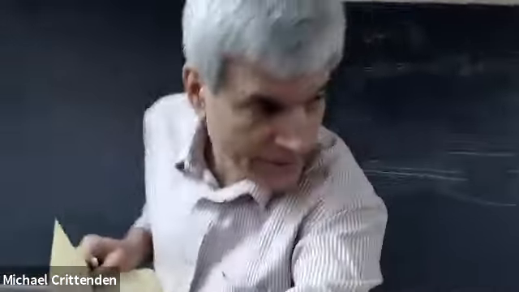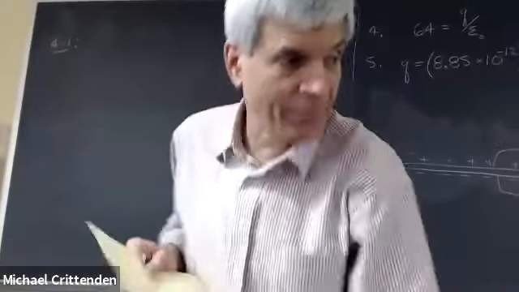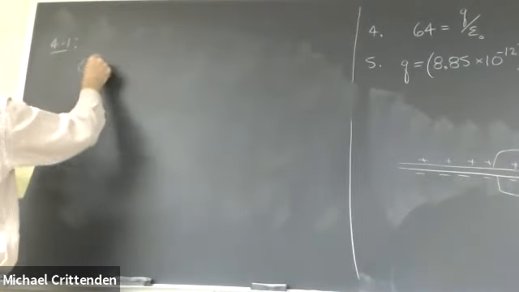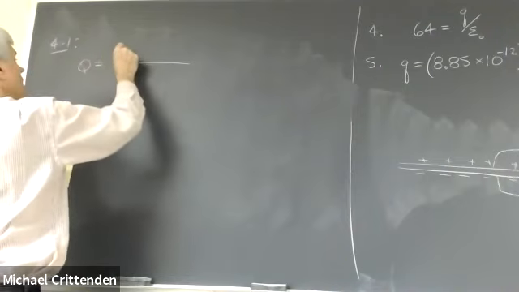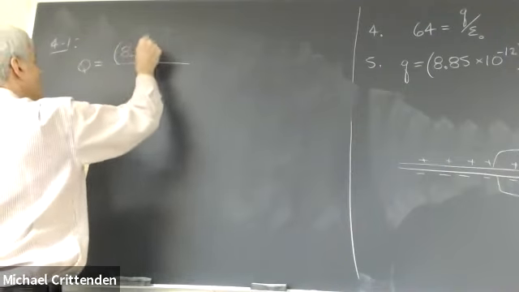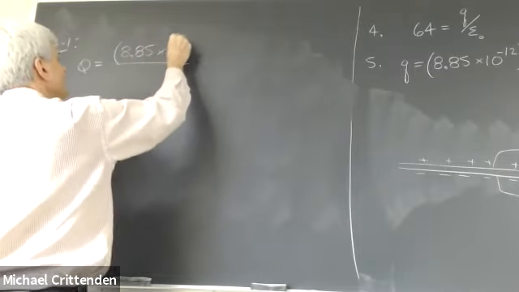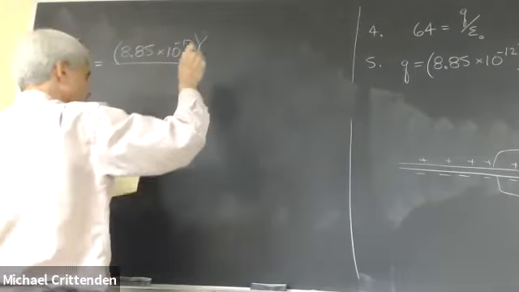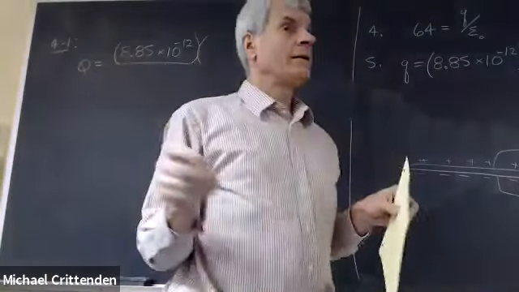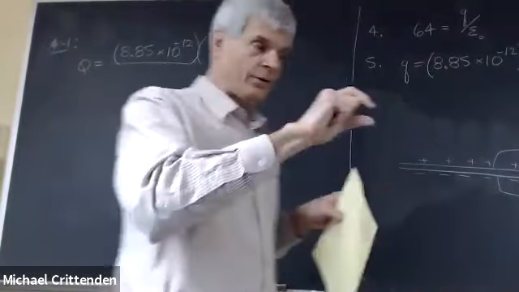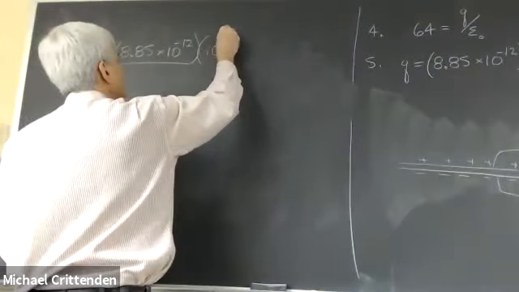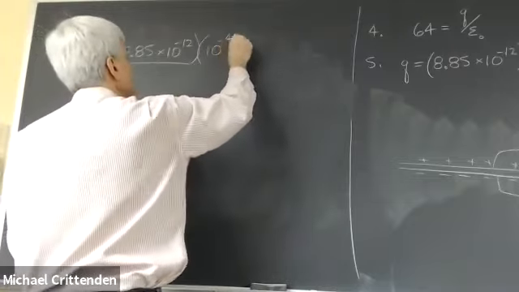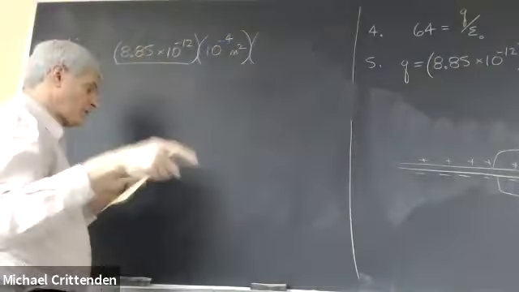Now we'll go over here. Drop numbers into that. Epsilon naught is 8.85 times 10 to the negative 12. The area in square meters, you've got 0.01 times 0.01, 10 to the negative 4th of a square meter, 0.0001.